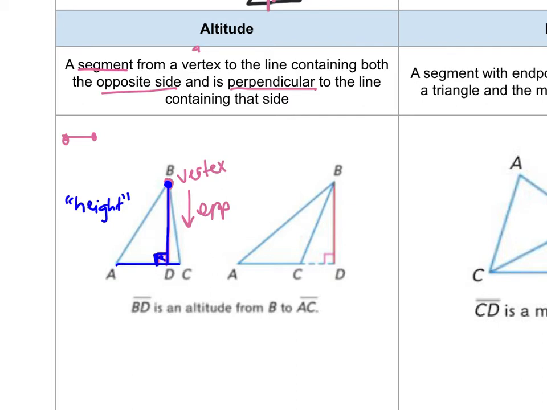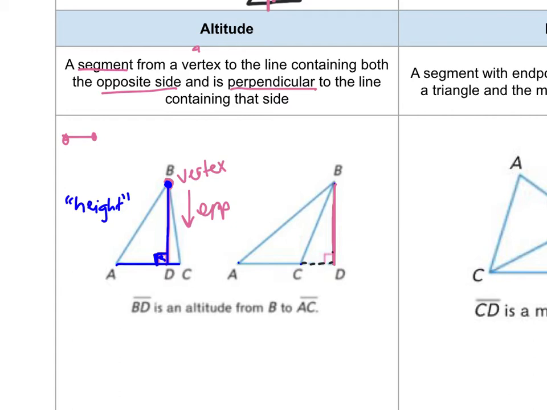In another example, if we have triangle ABC, it's kind of slanted more. Sometimes our altitude has to be written outside of our triangle. BD again is the altitude, but we had to draw this auxiliary line to get the actual height of that triangle.